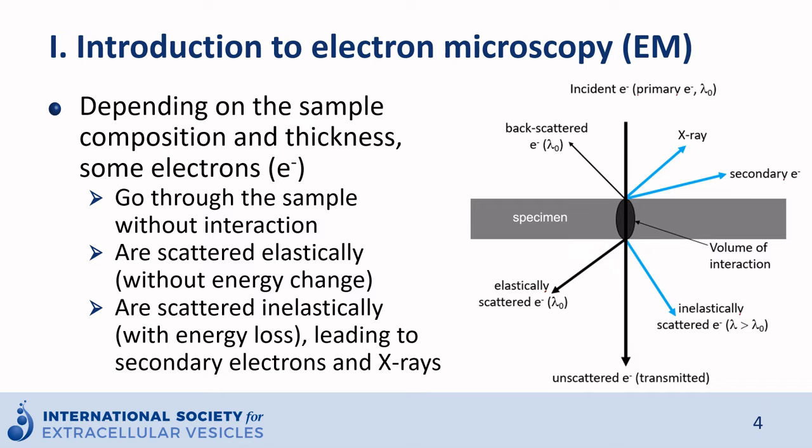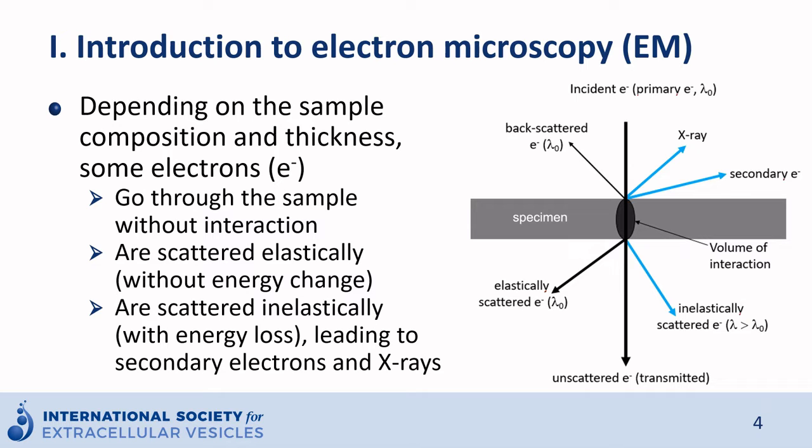Depending on the sample composition and thickness, electrons have different fates. Some electrons go through the sample without interacting with it. These are the unscattered electrons or transmitted electrons. Some electrons interact with the sample elastically, which means without exchanging energy with the sample.